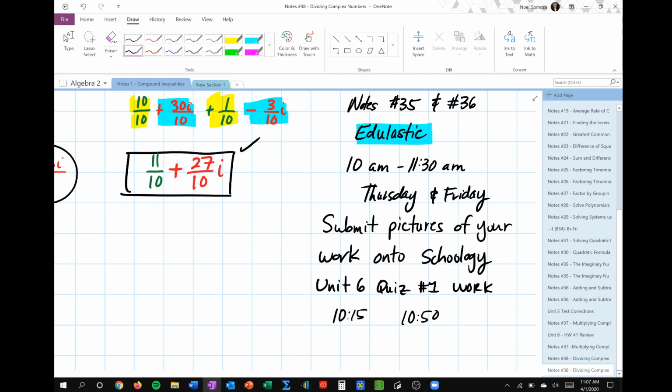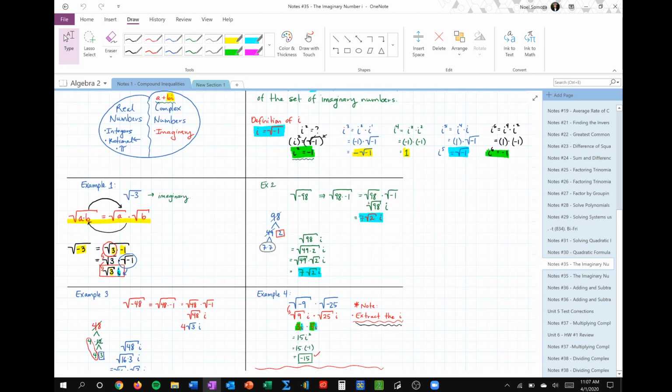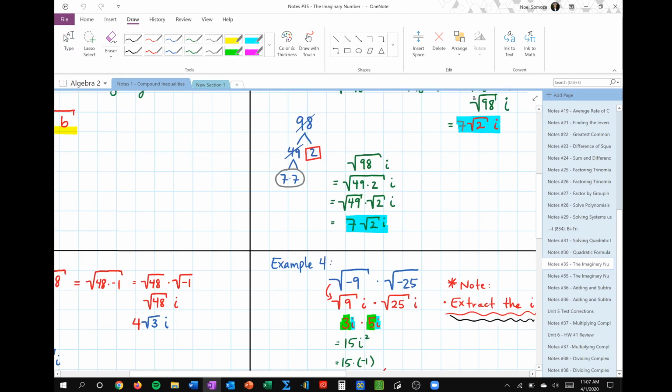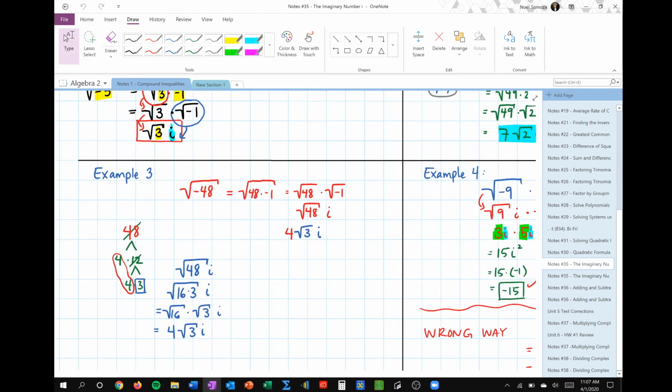There's going to be 8 questions, but they're quick. Think about the types of questions that we did for imaginary on notes 35. They're pretty simple problems and don't take you too long. And then the other notes was adding and subtracting.